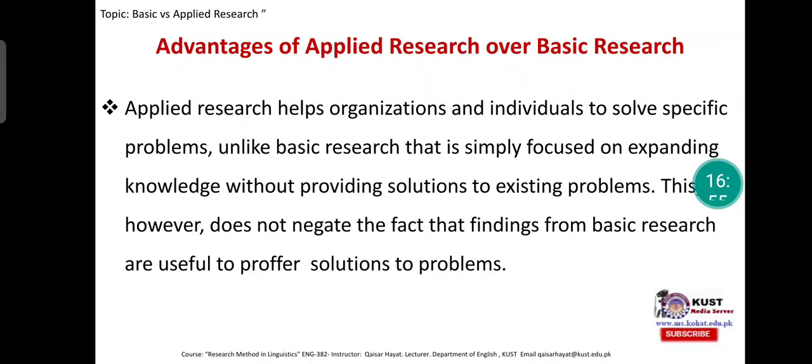I am talking about applied research. Applied research helps different organizations when there are different problems. It works on individuals, solves specific issues and problems. But basic research is basically expanding knowledge. Basic research is not concerned with problem solving.